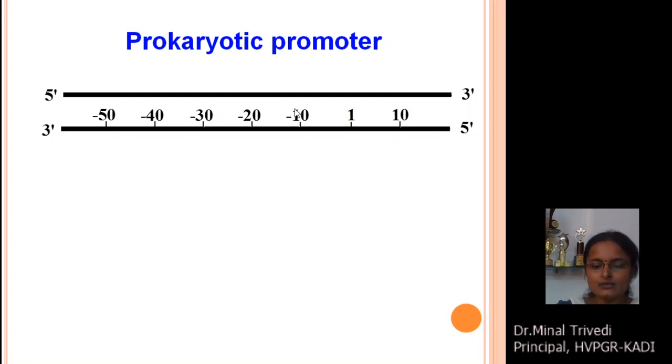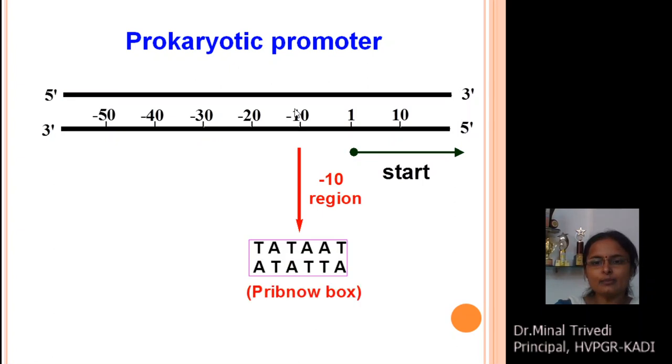At the -10 region, there is a specific sequence that is similar in almost all bacterial promoters, and such similar sequences are known as consensus sequences.